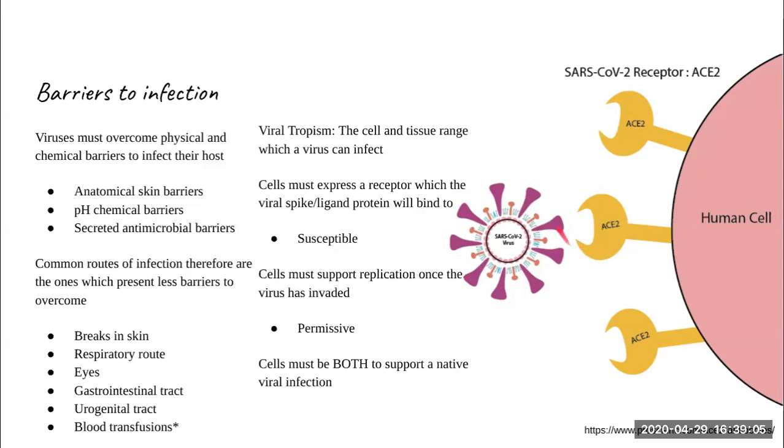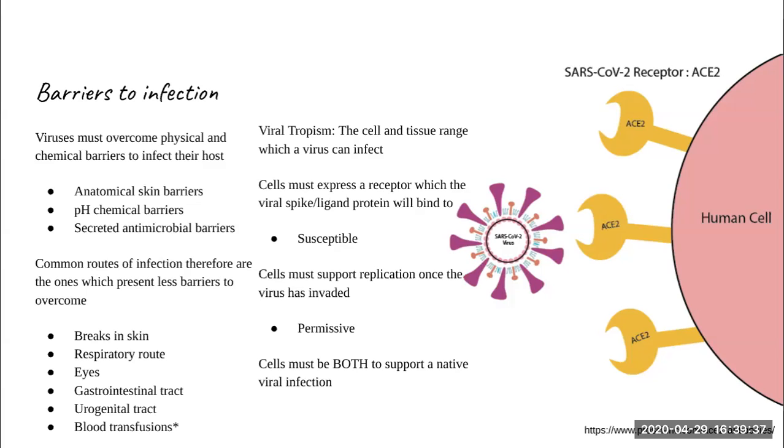Viruses, though, will have evolved to bind to those receptors, because when things bind to these receptors, they get brought into the cell, in some cases. And so in this case, the virus has a protein which it's evolved to fit nice and snugly into the ACE2 binding pocket, and it gets internalized that way. And so that means that cell is susceptible to infection. A non-susceptible cell, therefore, is one that does not express the receptor.